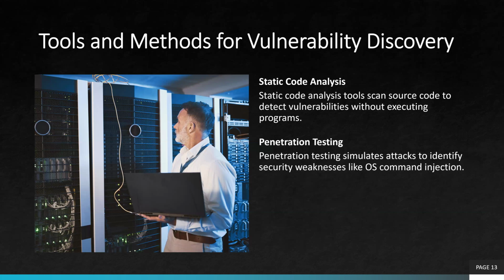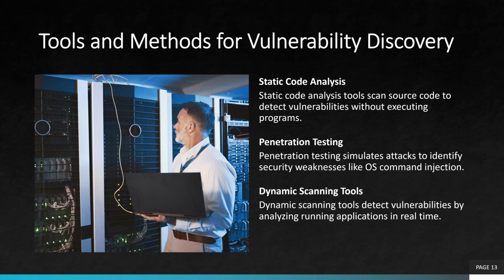Penetration testing. Penetration testing simulates attacks to identify security weaknesses like command injection. So your AI kind of software that you write looks for these signs of penetration testing, and when you detect it, you have to prevent and correct it. Dynamic scanning tools.